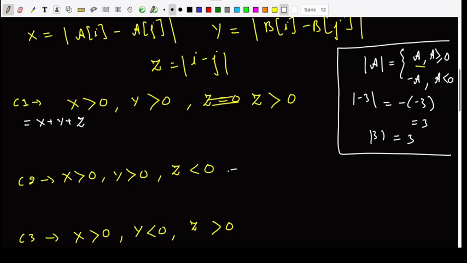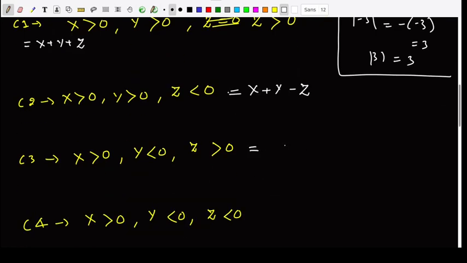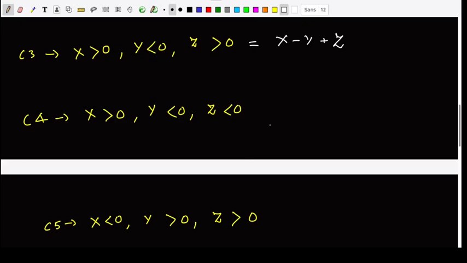And this will be equal to x plus y, and since z is less than 0, this will be minus z. All right. This will translate to x minus y plus z. Okay. And this will be equal to x minus y minus z.